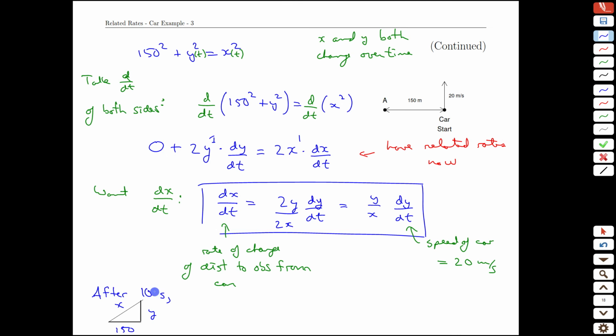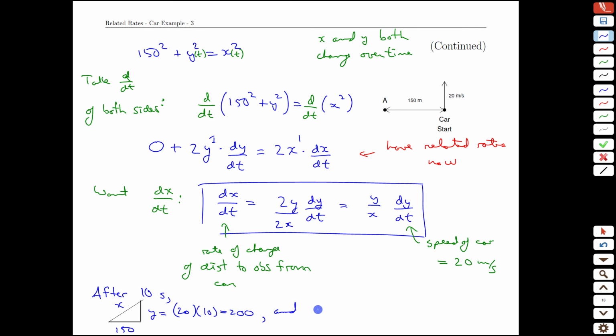After 10 seconds of moving at 20 meters per second, we know that y is going to be 20 meters per second times the 10 seconds, which is 200. That gives us the y in our formula. We do need to solve for x, but that's not too bad either, because we have our relationship at the top that x squared is equal to y squared plus 150 squared.